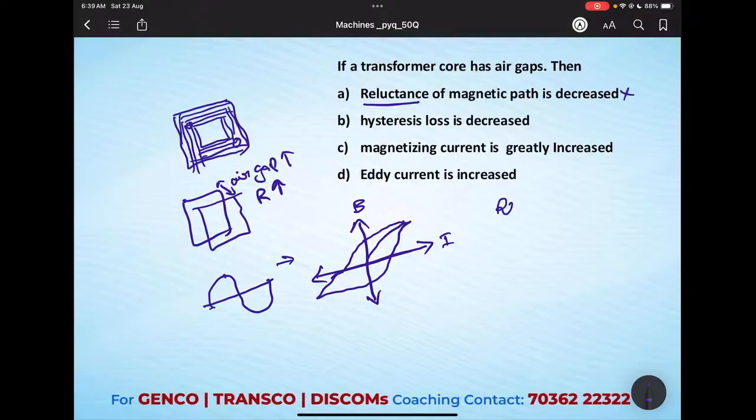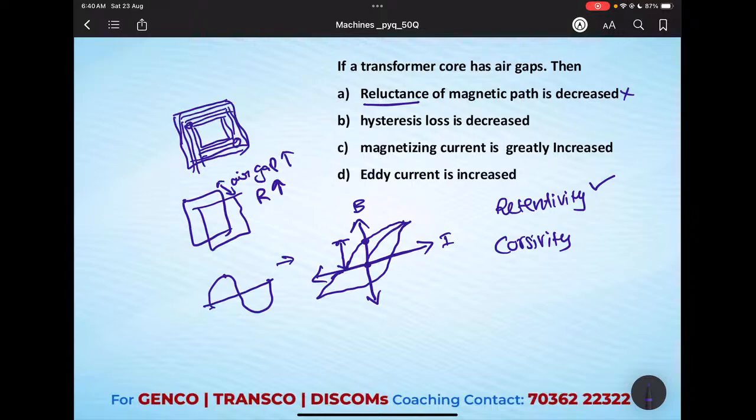One is retentivity, second is coercivity. What is retentivity? Even though our excitation current is 0, the core is still holding some flux, some magnetic energy. You can observe this portion: even though our magnetization current is 0, the core is holding some magnetic energy. This property is called retentivity.